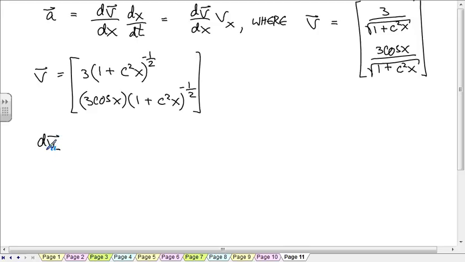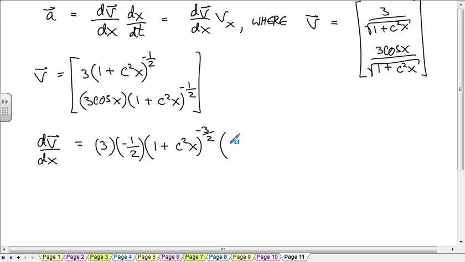So dv/dx is, well, let's say, okay, so it's 3 times minus 1/2 times (1 plus cosine squared x) to the minus 3/2 times 2 cosine x times negative sine x. That's the easy one.